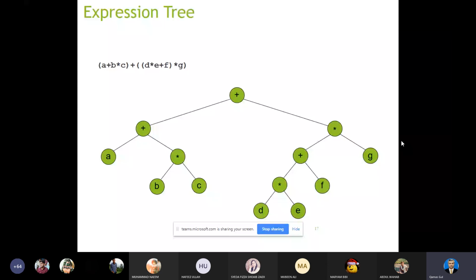You can represent any kind of expression on the binary tree. This is one of the usages, and expression trees are utilized in compilers and in operating systems as well.